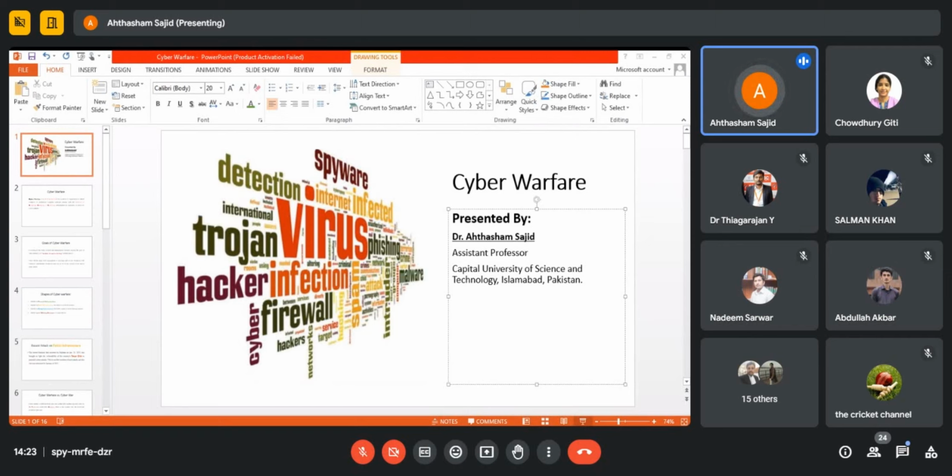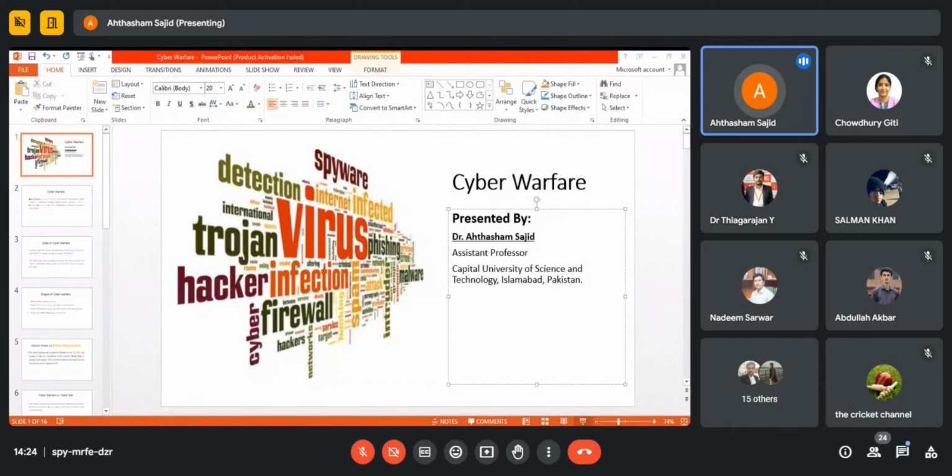So basically, cyber warfare covers a set of actions. What are those? I will discuss it later in my slides. The objective of cyber warfare is basically to exploit the vulnerabilities of the computer networks against the rival and to either disrupt, damage, or destroy infrastructure using malware or denial of service attacks.